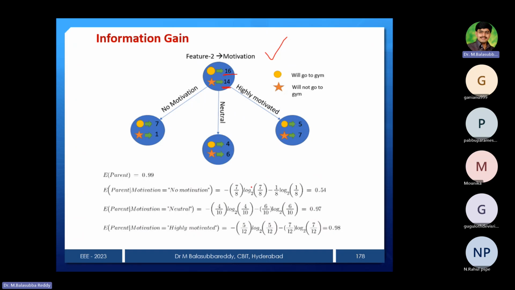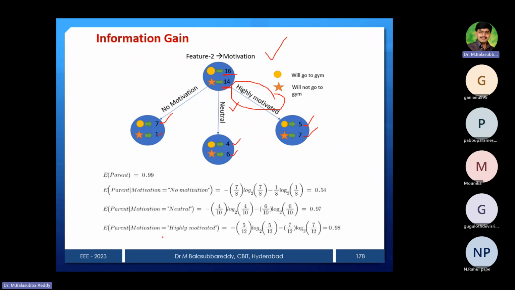Somebody is motivated and going to the gym. If there is no motivation, out of 16, only 7 members are going to the gym without motivation, and one is not going. Similarly, with some neutral, a little bit of motivation, 4 members are going to the gym and 6 members are not going. And if highly motivated, 5 members are going to the gym and 7 members are not going.